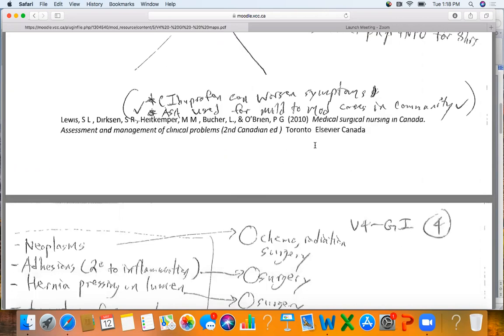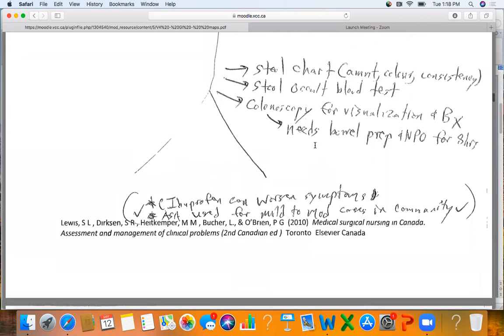Little side point before we take a break from this topic, and that is that we're talking about inflammation being what we're trying to combat here. Ibuprofen is an anti-inflammatory, a non-steroid anti-inflammatory med, but studies have found that it can actually worsen the symptoms of inflammatory bowel disease.